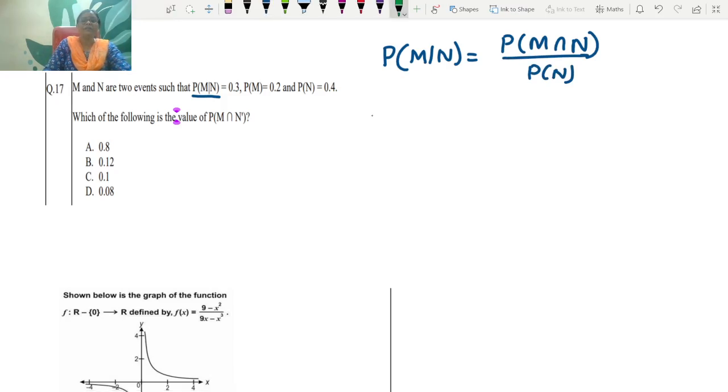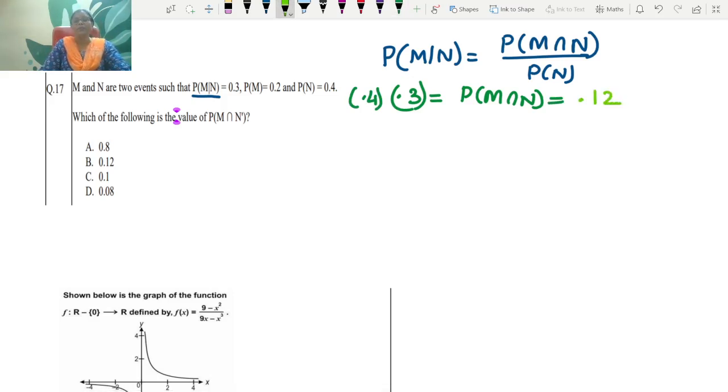We get 0.3 equal to probability of M intersection N multiplied by the probability of N, that is 0.4. So what is the value of probability of M intersection N? That is 0.12. So we got the value of probability of M intersection N.